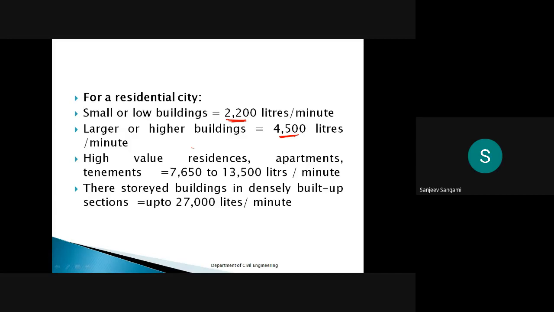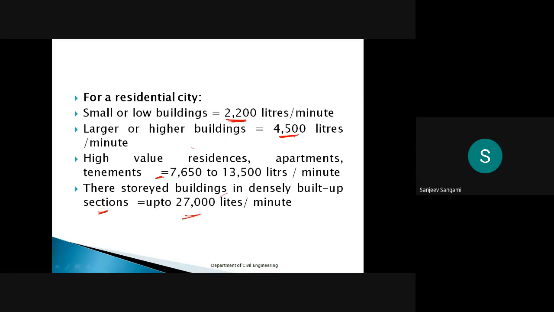If it is apartments or tenements, you can use this value directly. If it is a high density built-up section, like a lot of colonies with high density populations, then you can use these values directly.